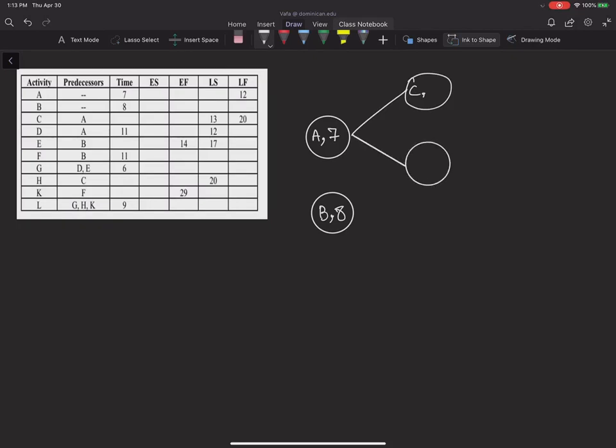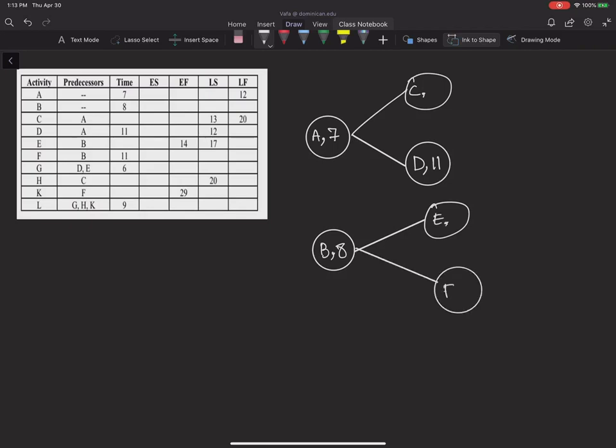Then I have activity D, and the duration for activity D is 11. After activity B, I can do activities E and F. So let me move this B a little down here. I can do activities E and F. And the duration for E is not known, and the duration for F is 11.